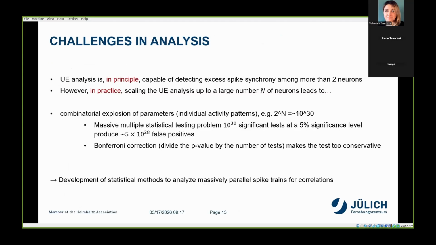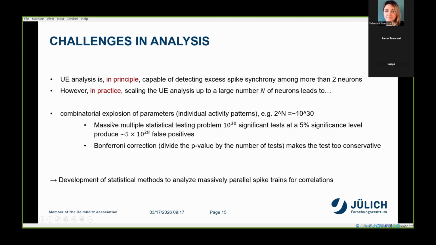Furthermore, if you have so many neurons, this unitary event analysis I developed for 2 or a few neurons recorded in parallel, how can we scale this up? And if you think about the number of parameters, if you would go pairwise with 100 neurons, you have 10 to the power of 30 parameters.